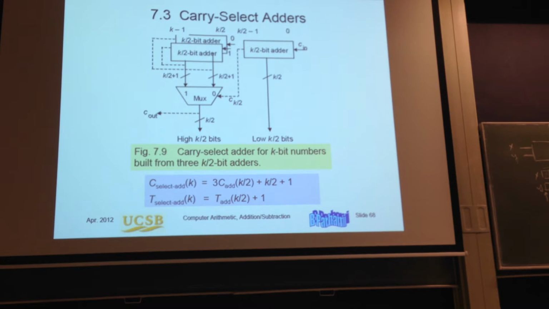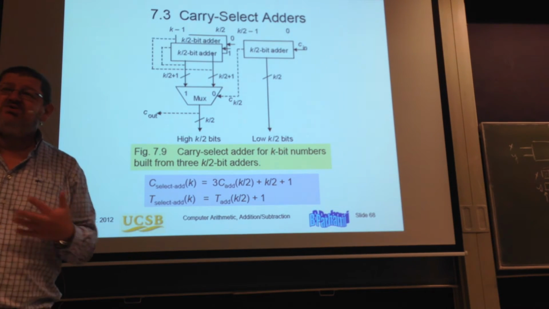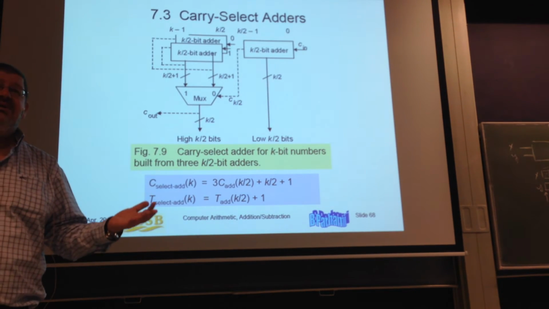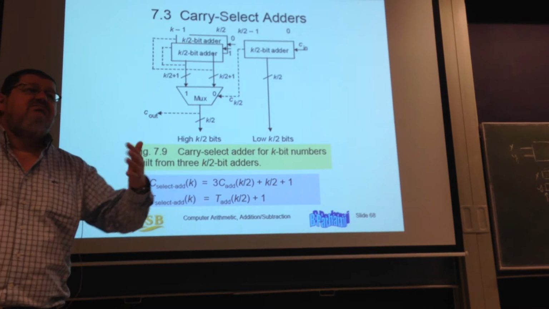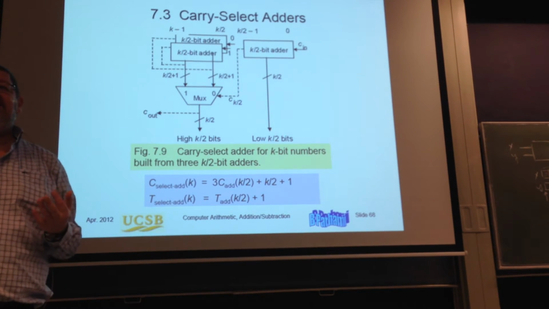Another way to do addition, and this is a principle which is utilized not only in arithmetic, it's utilized in computer architecture in general, is to do speculation. You know, when you do branch prediction, you actually speculate on a branch outcome, and then you compute, assuming that that branch is correct.